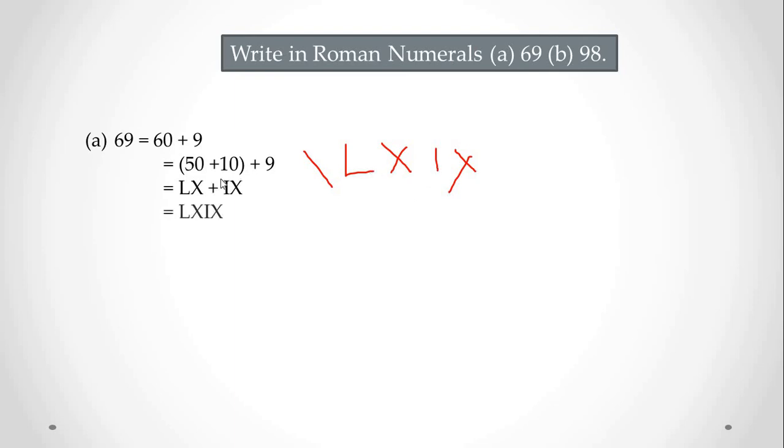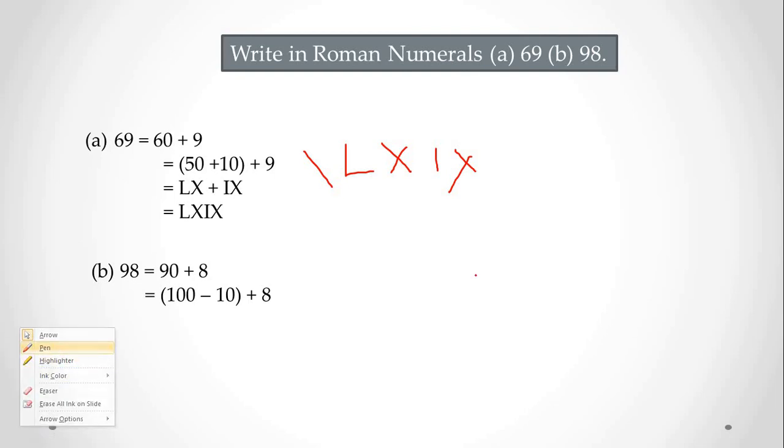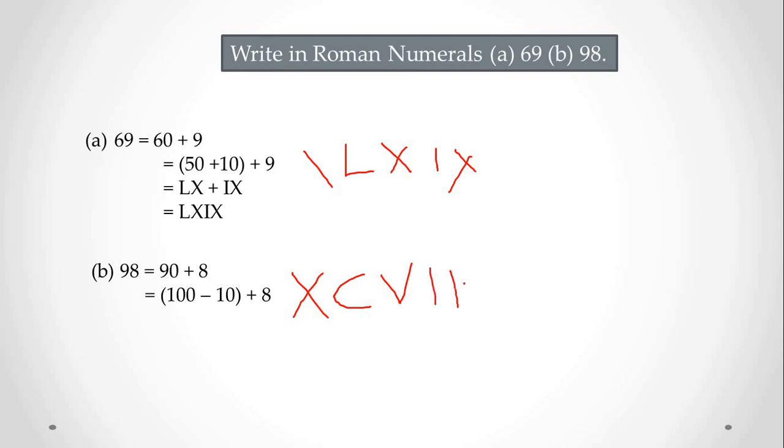LXIX. Next one is 98, nothing but 90 plus 8. So 90 is written as 100 minus 10, plus 8. We will solve that. 100 means C, minus 10, to the left hand side 10. 8 means V, 5, and then for adding 3, as I suggest, you should know up to 10.